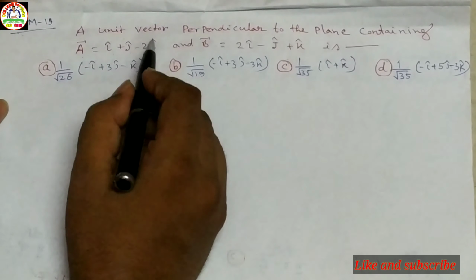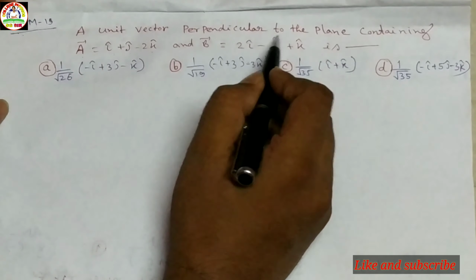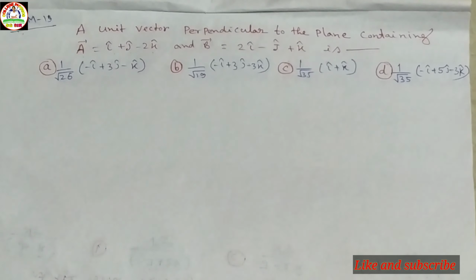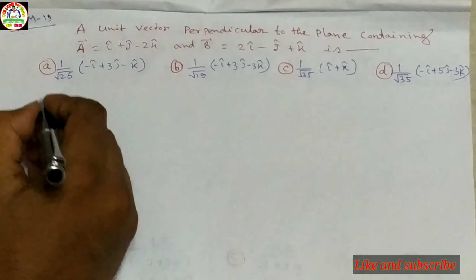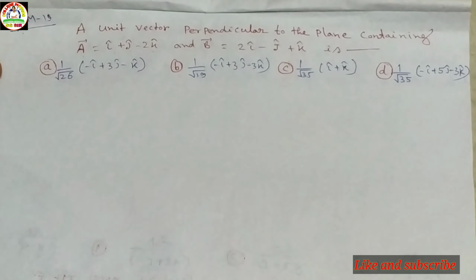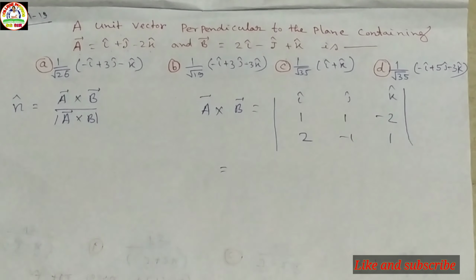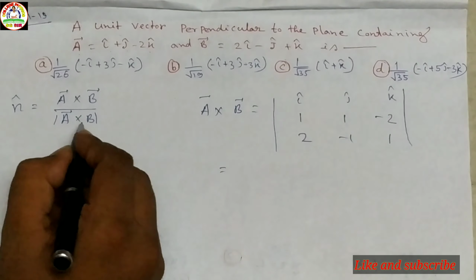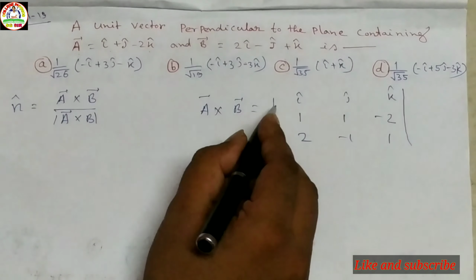Now we calculate the unit vector perpendicular to the plane containing A and B. So you know the relation for calculating the unit vector: n cap is equal to A cross B by mod of A cross B. Now we calculate A cross B.